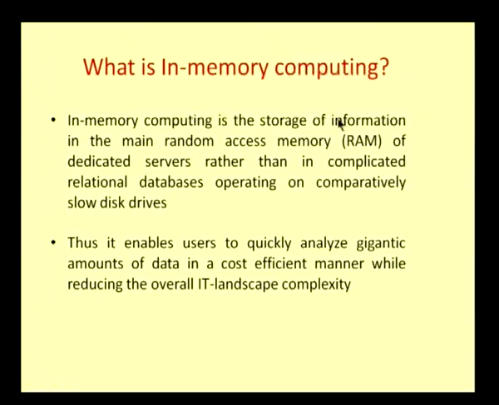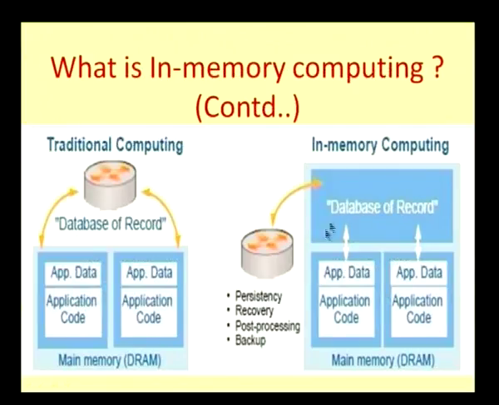It enables quick analytical analysis of a gigantic amount of data in a cost-efficient manner, because it reduces the overall IT landscape complexity. Now, if you see this diagram, in the traditional computing, you have the database available here, and you have the main memory in which application data as well as application code program is available.